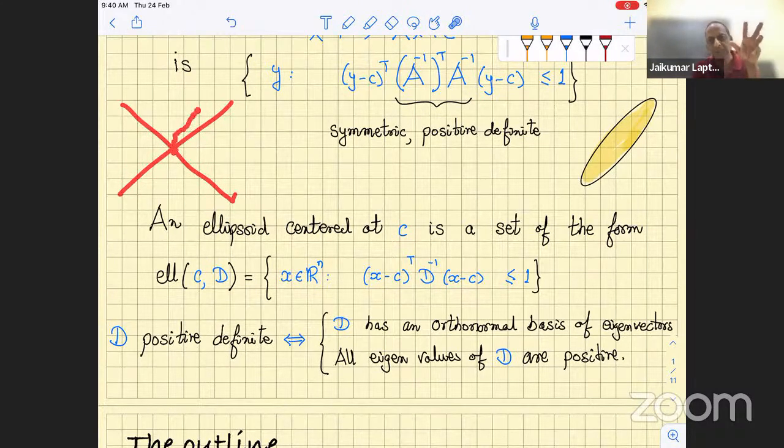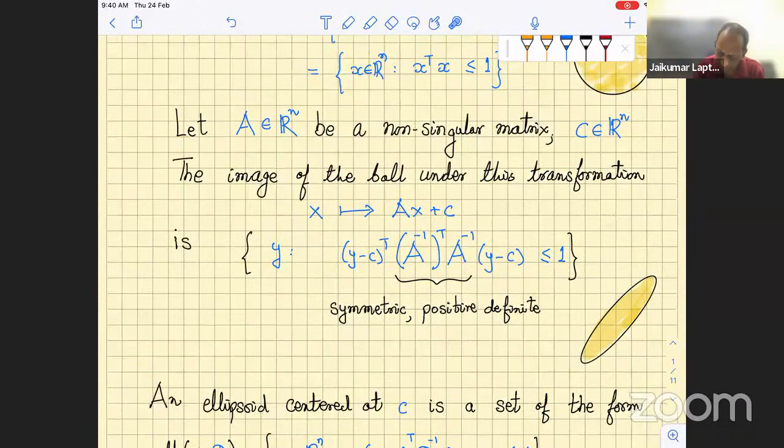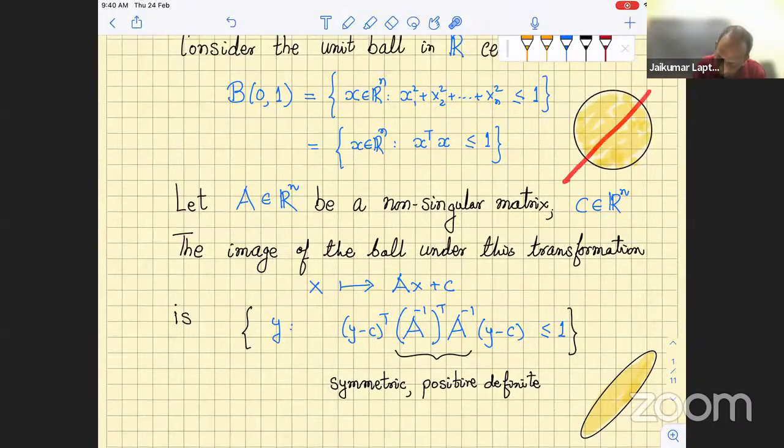an orthonormal basis of eigenvectors, and all these eigenvalues are positive. So what this matrix actually is doing is just stretching the ball in some orthonormal directions. There was this ball here, and we chose two directions like this.